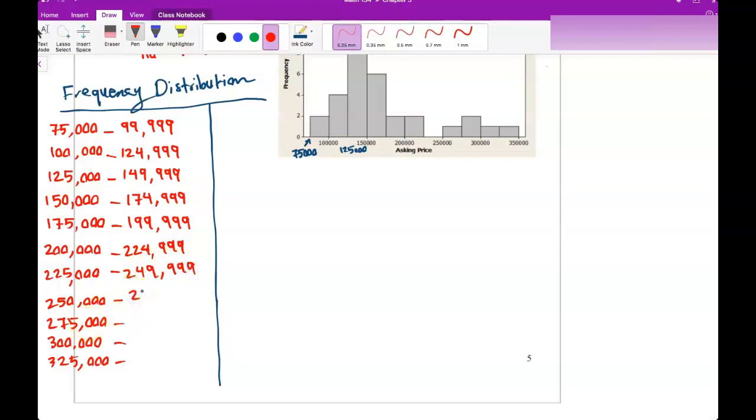And this one, 274,999. 299,999. Now finally this one is 349,999. So we stop here because the largest one is 350,000. So we stop there. And what is the frequency for each one?